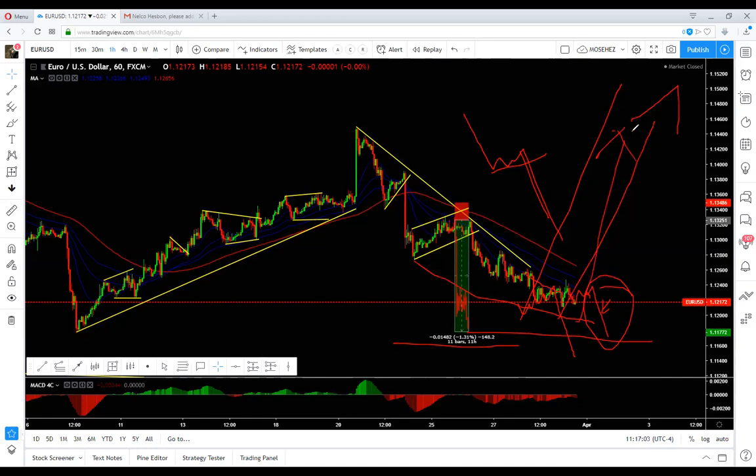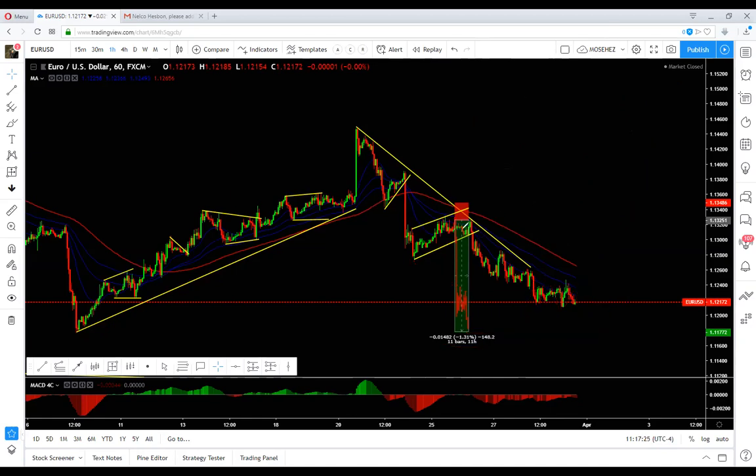So instead of taking the two trades, the euro dollar trade and the USD chief trade, you can choose the best one and take it. For me, I will choose the dollar chief. But this was easy money.